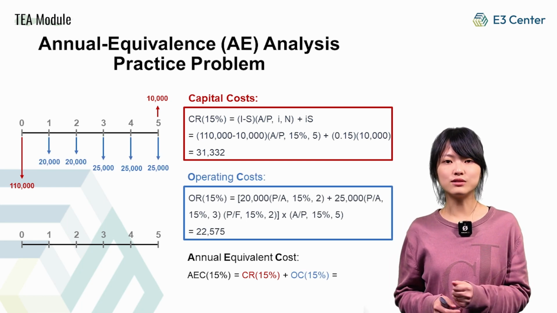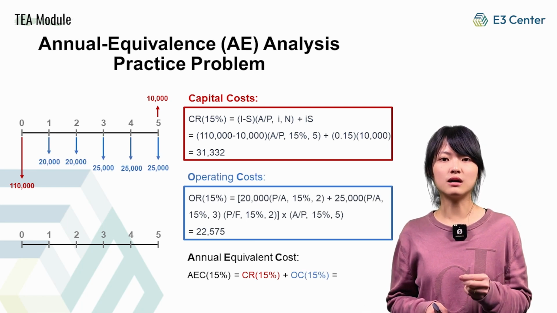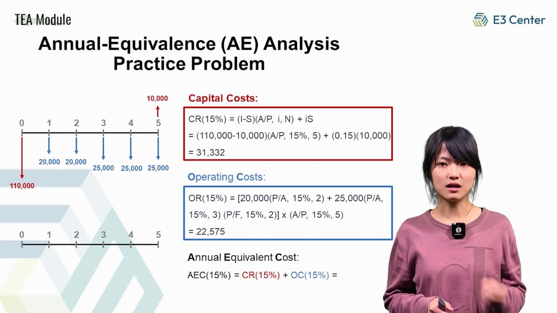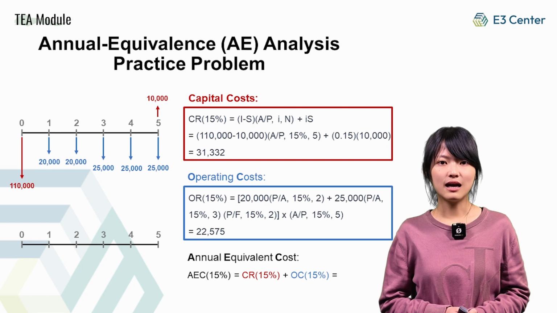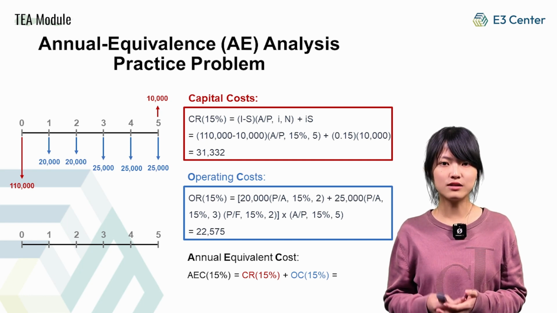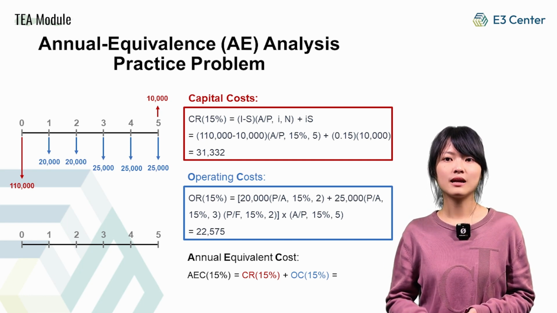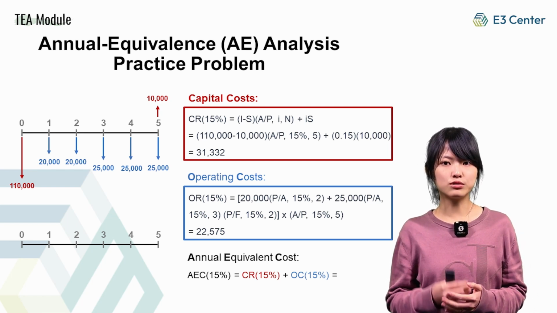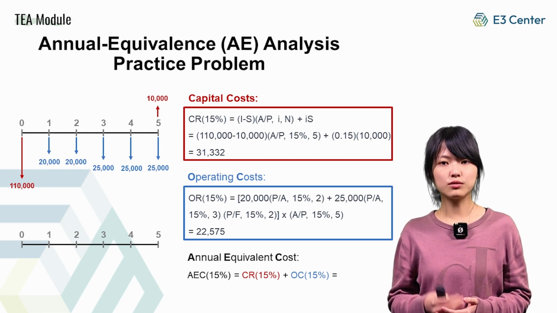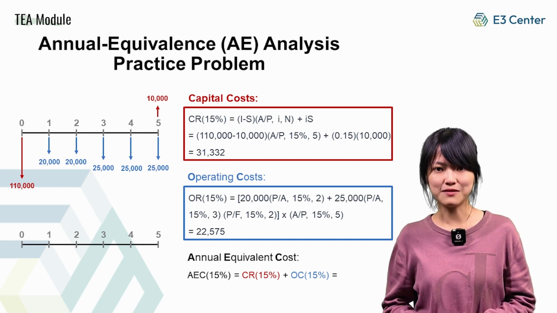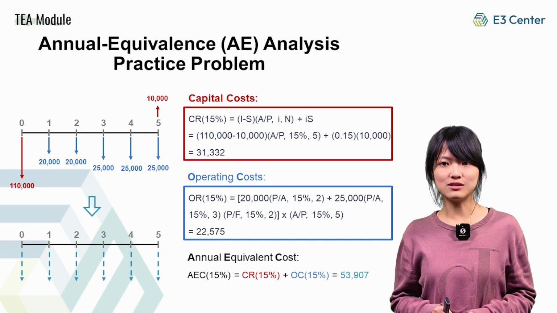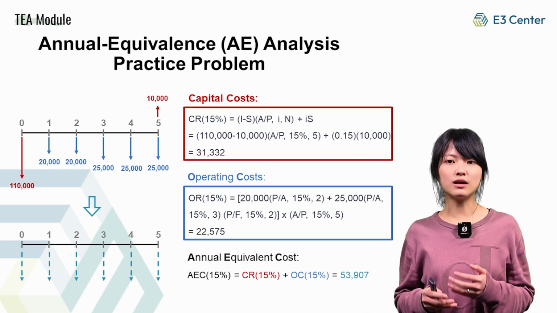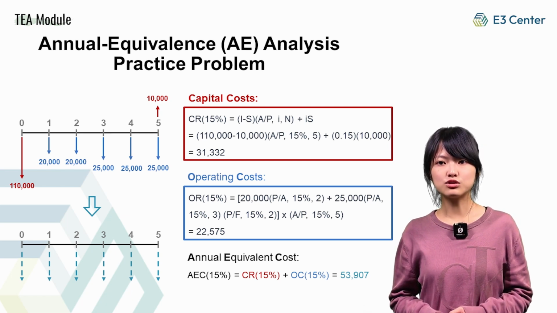To find the annual equivalent of this variable operating cost, we first convert each segment of the cost to its present value, and then spread this total present value uniformly over the 5 years at a 15% annual rate. This gives us an annual equivalent operating cost of $22,575.